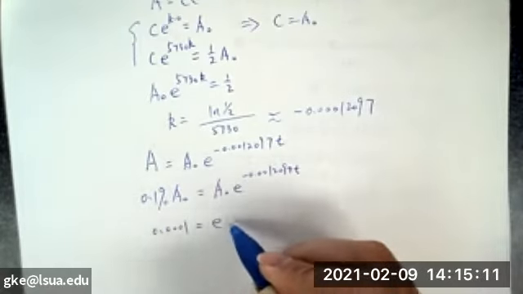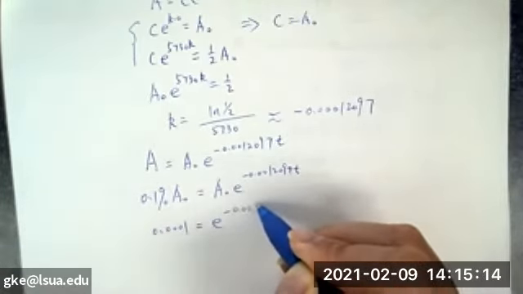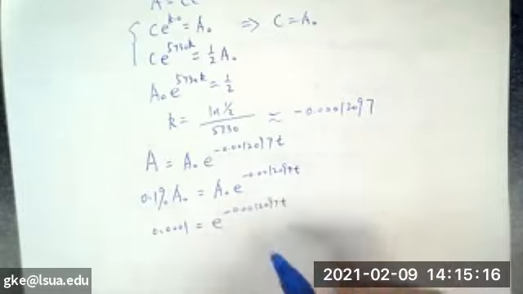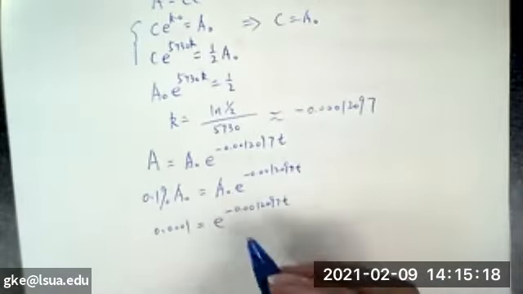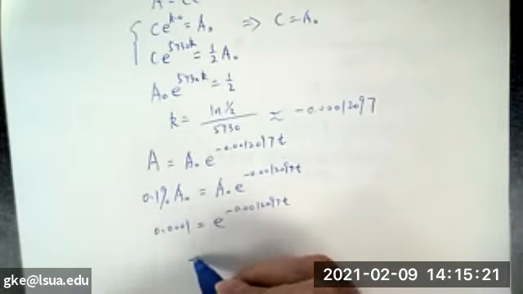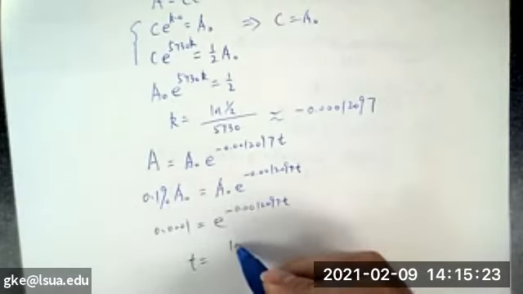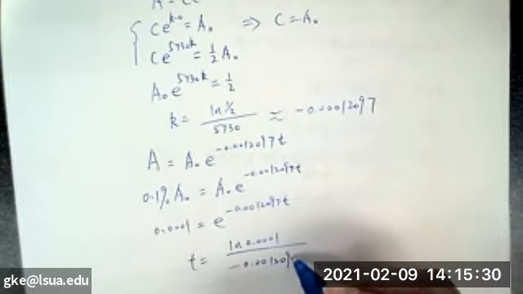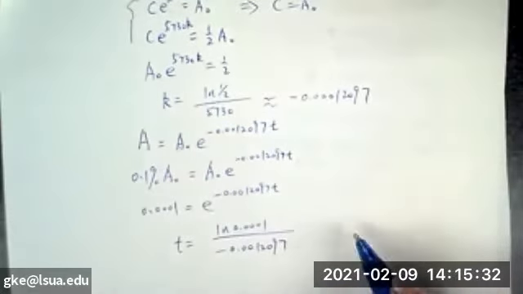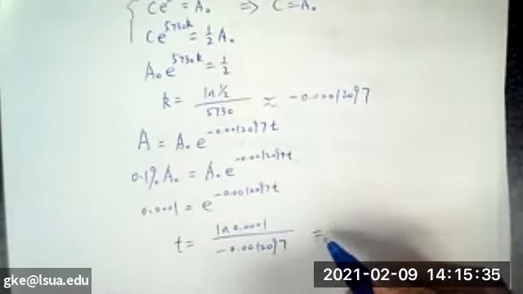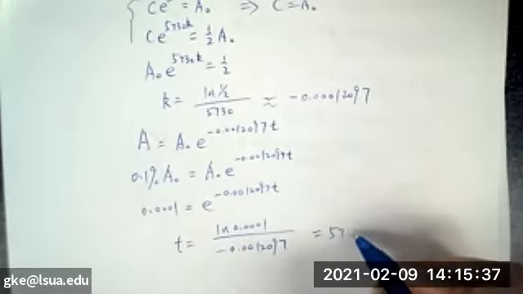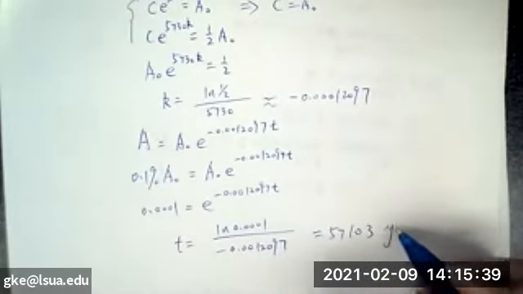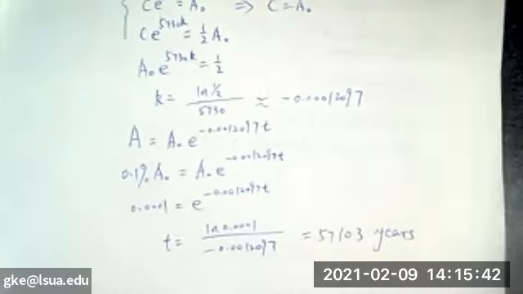Cancel A0, and use your ln, right? ln of this divided by negative 0.000121, and this will roughly equal 57,103 years. Okay, so that's the answer.